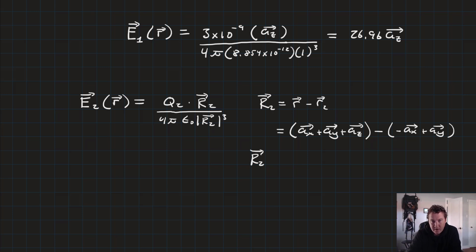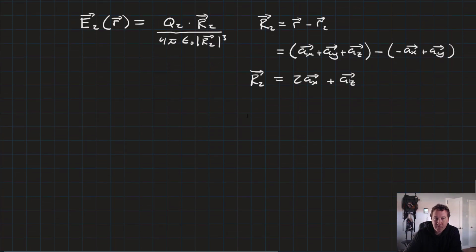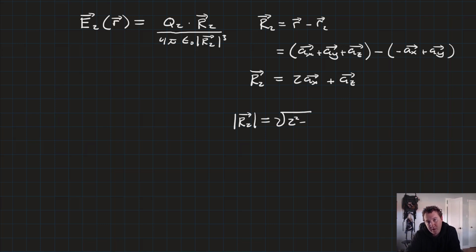Therefore, the vector R2 is going to be equal to 2ax plus az. And the magnitude of R2 is going to be equal to the square root of 2 squared plus 1 squared, which is going to be equal to the square root of 5. So now we're ready to calculate the actual electric field.